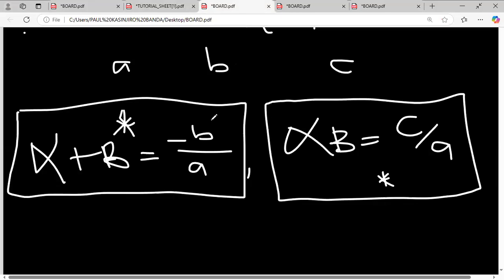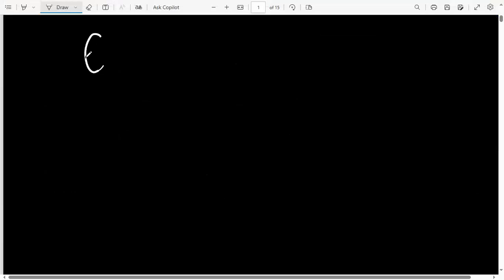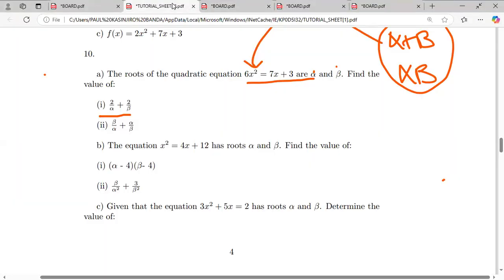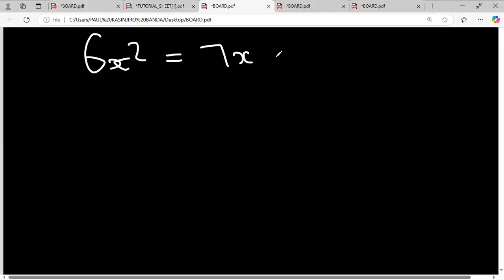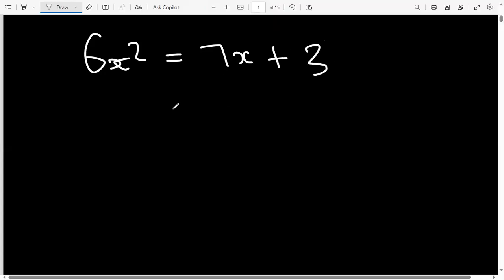So we have 6x squared equals 7x plus 3. We have to take everything to the left-hand side to have the standard quadratic equation.